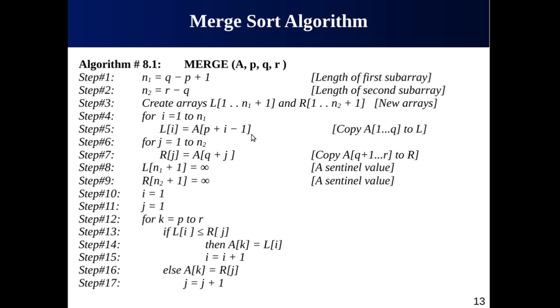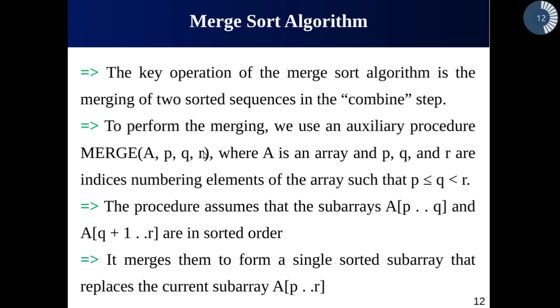Let me revise the basic things that we are going to rely on in this merge procedure. The basic operation of the merge sort algorithm is merging, or combining, the two sorted sequences in the combine step. For that, inside the merge sort algorithm, we rely on an auxiliary procedure known as merge, where A is the name of the array and p, q, r are the indexes of the array.